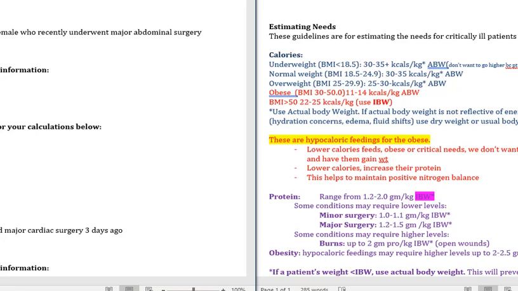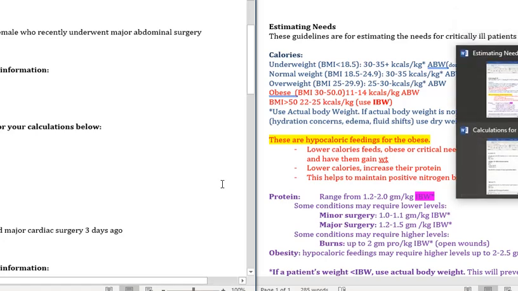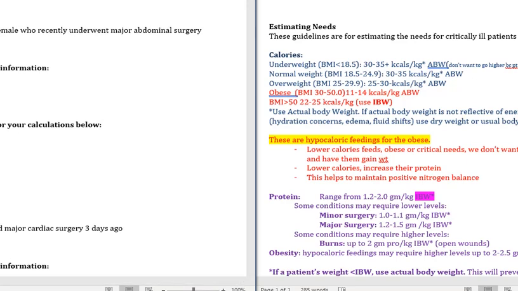That's obese one. Energy needs. Yeah, obese one. I'm just writing it down right here. What else do we need? Protein needs.